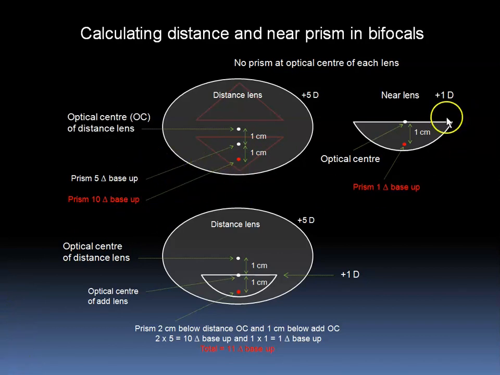For the reading segment, we have an additional lens, shown here. In this reading segment, we have placed the flat top of the segment, which contains the optical center of this segment, 1 centimeter below the distance lens. The reading position is therefore 1 centimeter below the optical center of this segment, whereas it is 2 centimeters below the optical center of the distance lens.